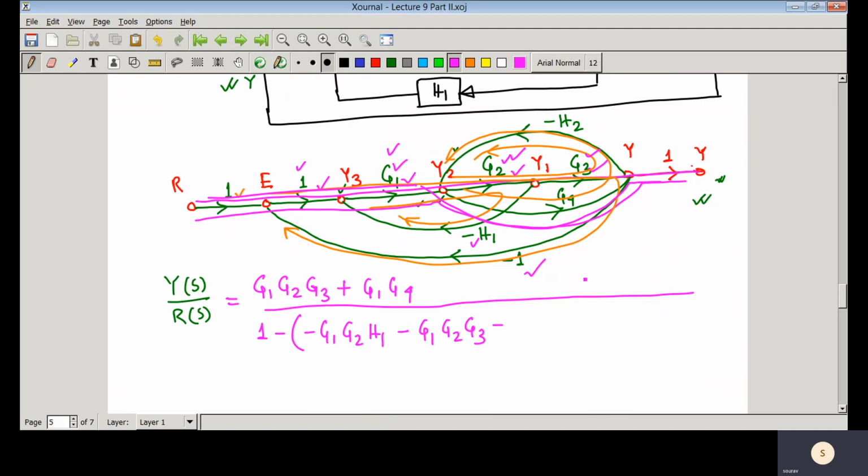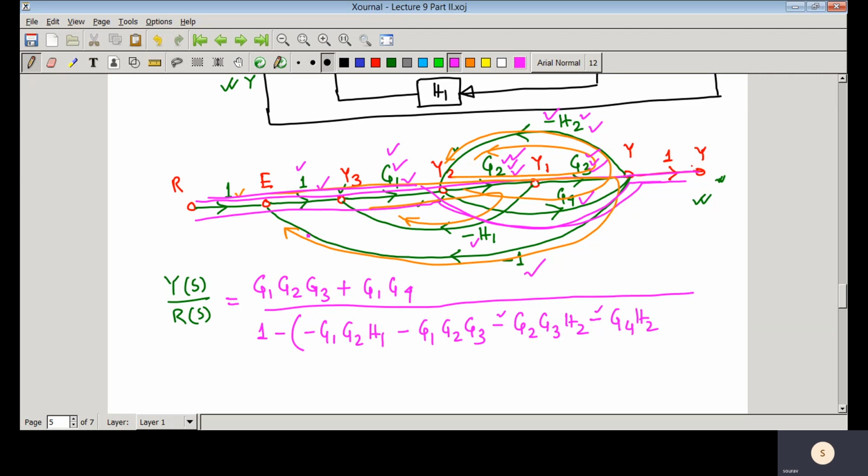Now there is another loop, this loop: G2 G3 with minus H2. And another one is G4 into minus H2, so that is G4 H2 with the minus. And another one is G1 G4.